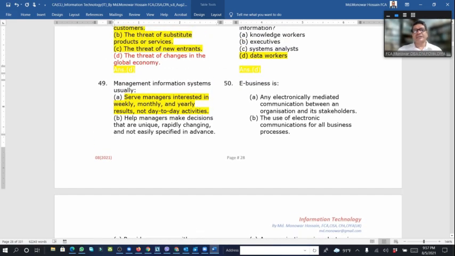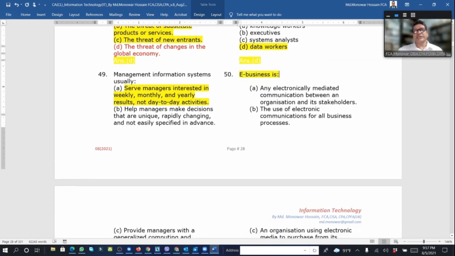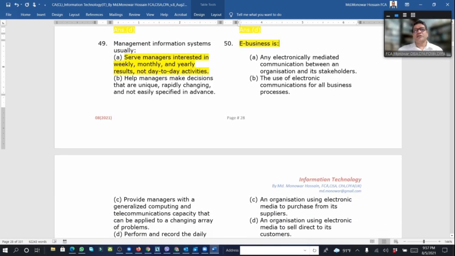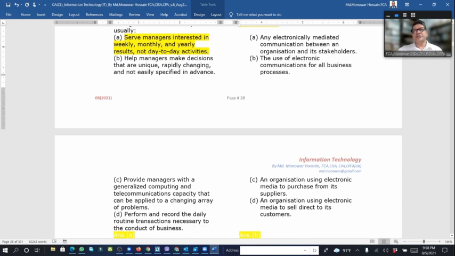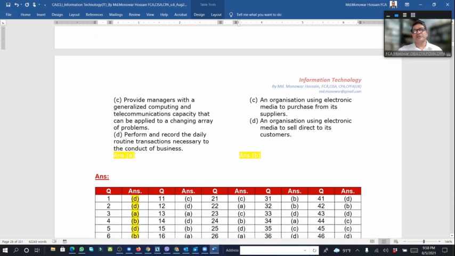And if you see e-business, what is e-business? Let's read all four. Any electronically mediated communication between an organization and a stakeholder. The use of electronic communication for all business processes. An organization using electronic media to purchase from its supplier.